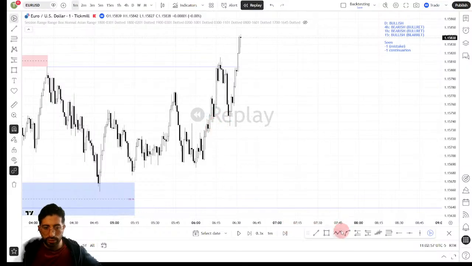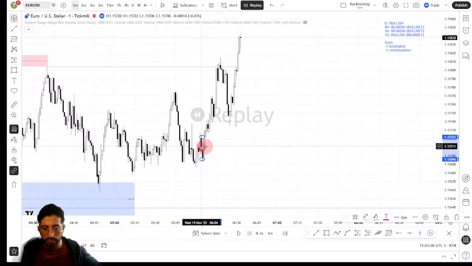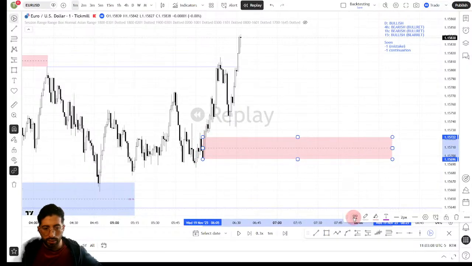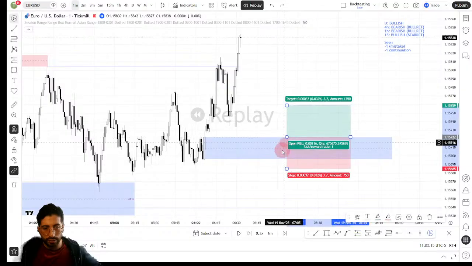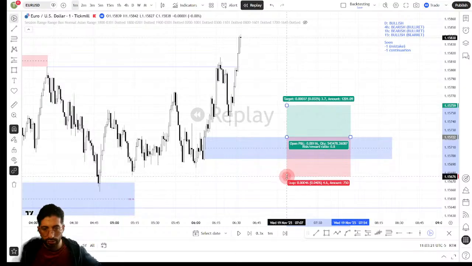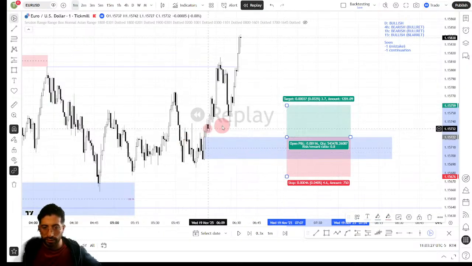This one will be the decisional. I'm gonna put this since I think it's the best point of interest here, and I'm gonna put the stop loss here. So 5.5, 4.5 kind of, right?